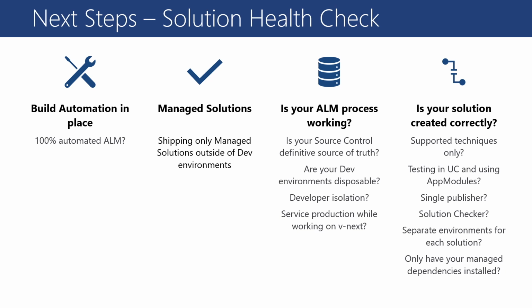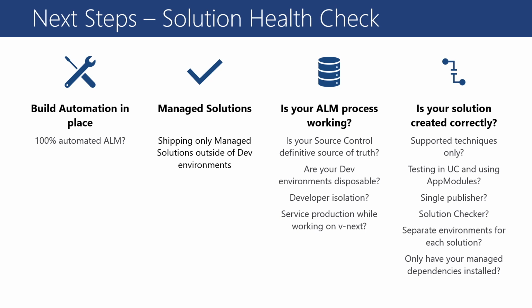The first thing we recommend that you do is a solution health check of all existing and in-flight projects. Do you have build automation? Are you deploying managed solutions to non-development environments? Do you have ALM? Is your process working? Are you using source control? Are you using disposable development environments with developer isolation?